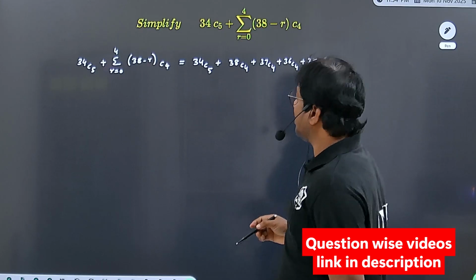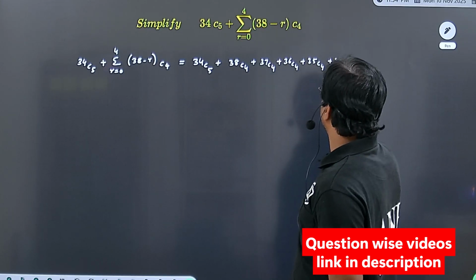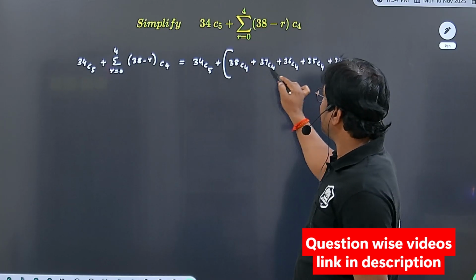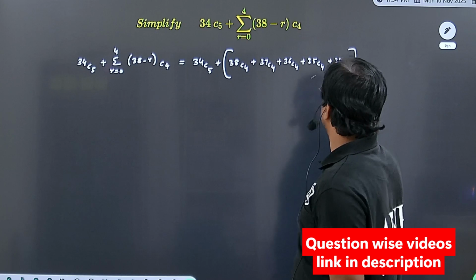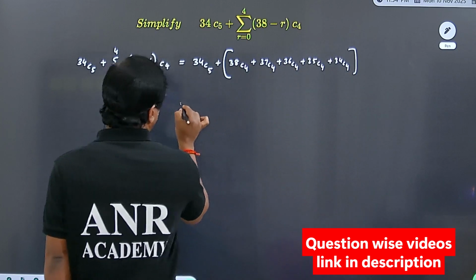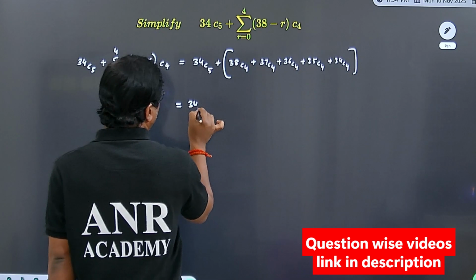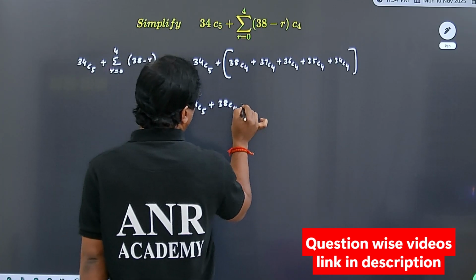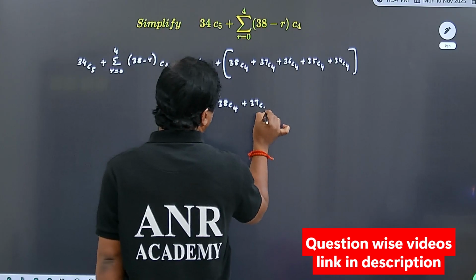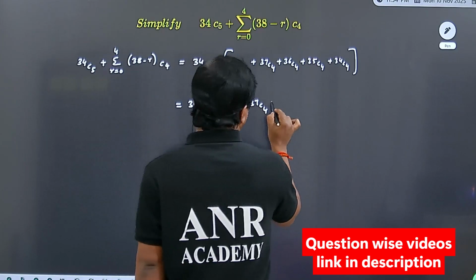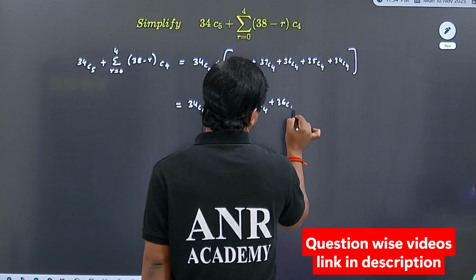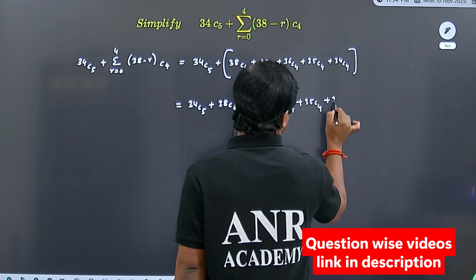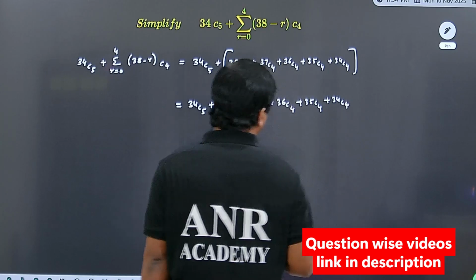After that, finally 34C4. This is by writing r value 0, 1, 2, 3, 4. Now, 34C5 plus 38C4 plus 37C4 plus 36C4 plus 35C4 plus 34C4.